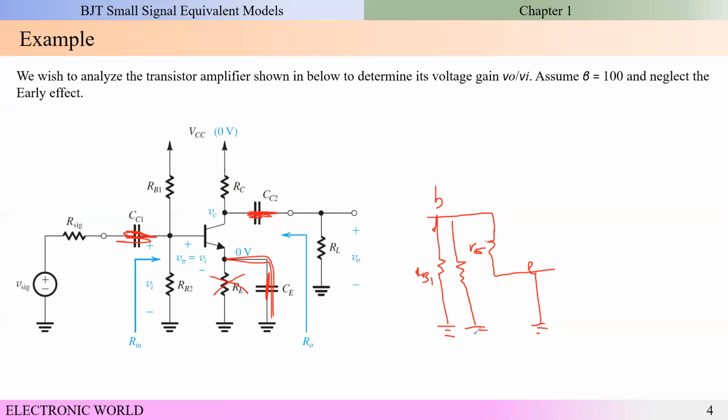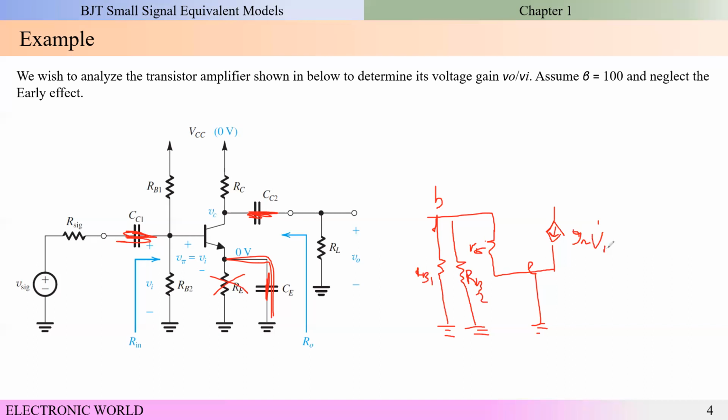This is called the RB2. And this is the dependent current source, and this is actually GM times VBE.